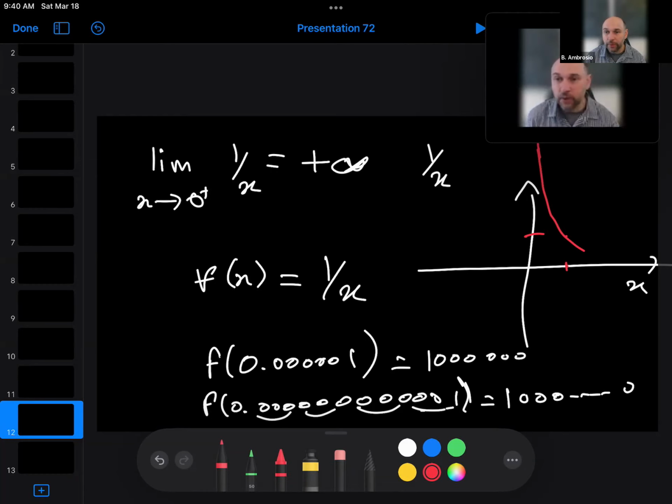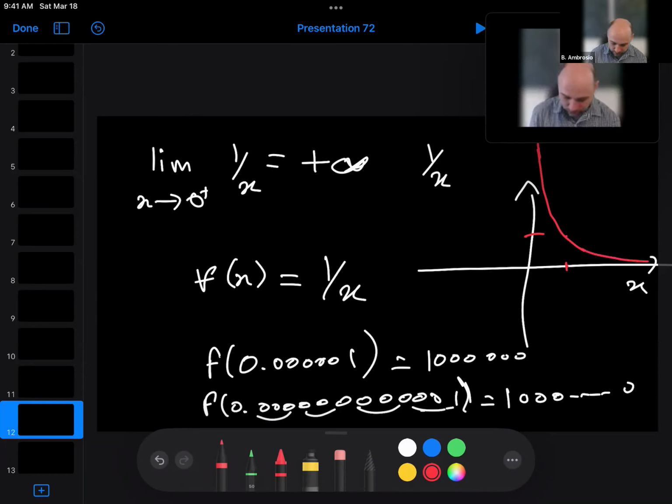You will be larger than any number. Fix any number. If x is small enough and positive, f of x will be larger than the number that you choose. If you chose 10 billions, I can find a number such that for every smaller number, f will be larger than 3 billions.